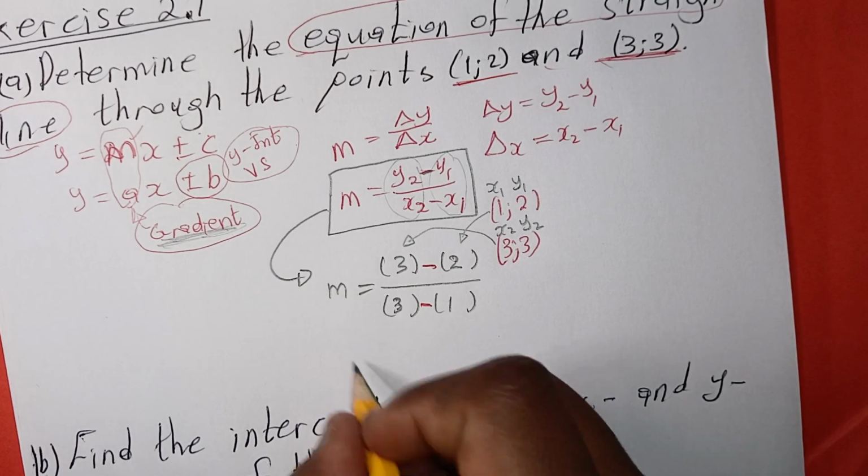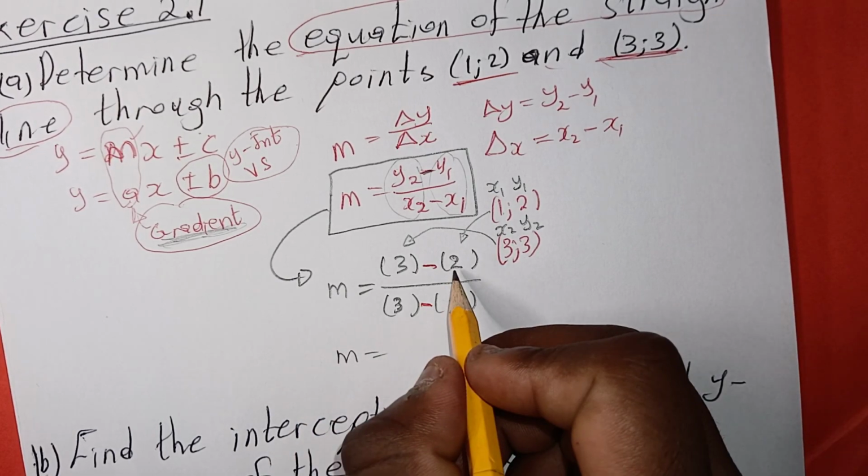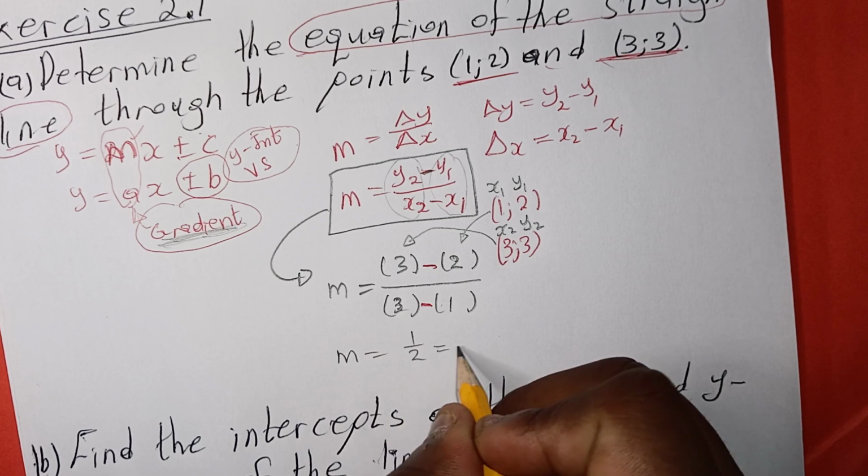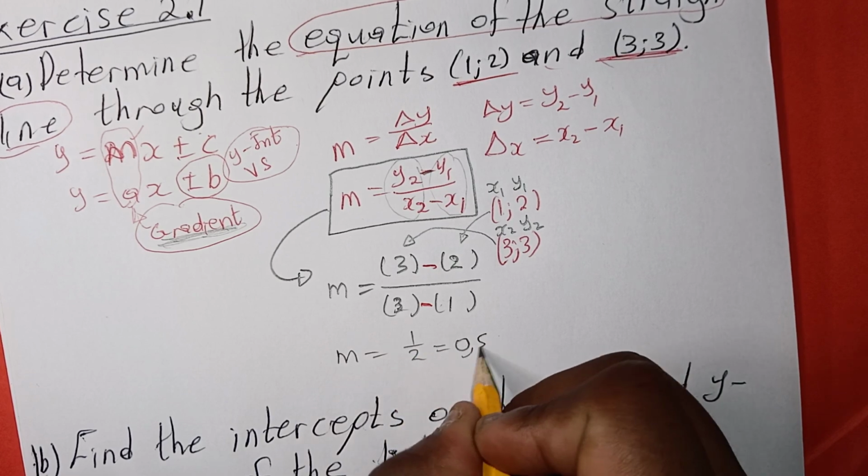When you punch this on the calculator, you will get 1 over 2, which is 0.5.